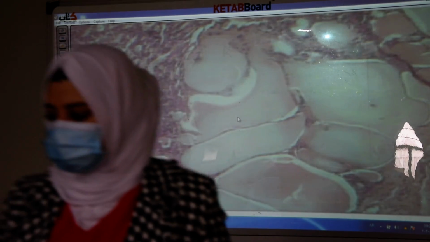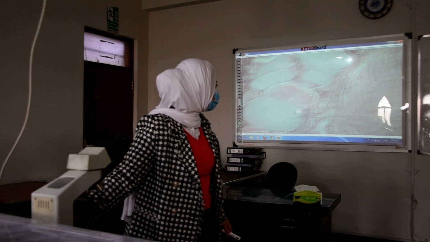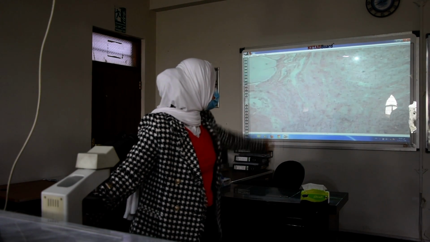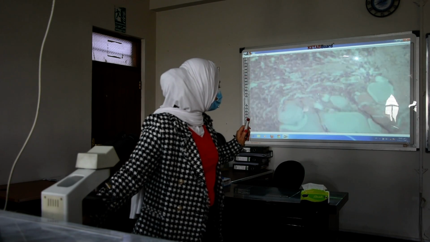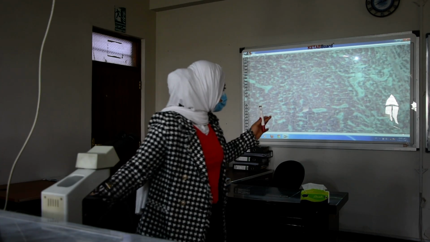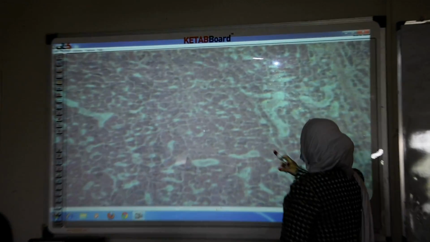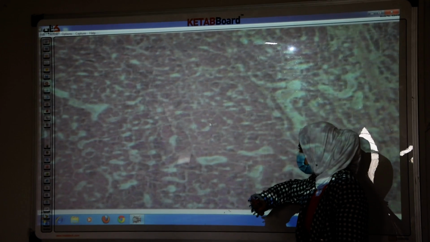As we see, the pars intermedia separates the neurohypophysis, which is pale, from the adenohypophysis, which is a cluster of cells accumulated in its parenchyma.